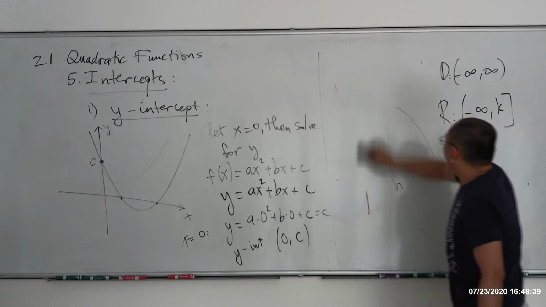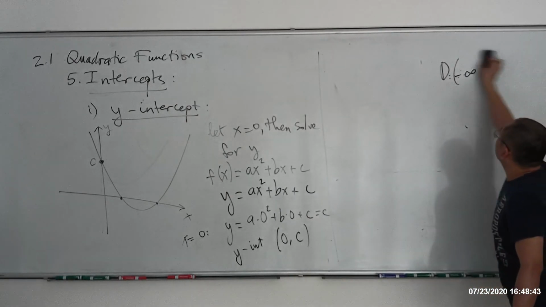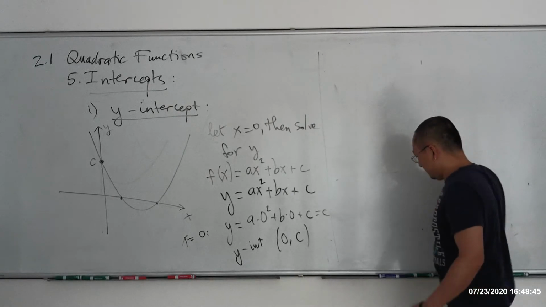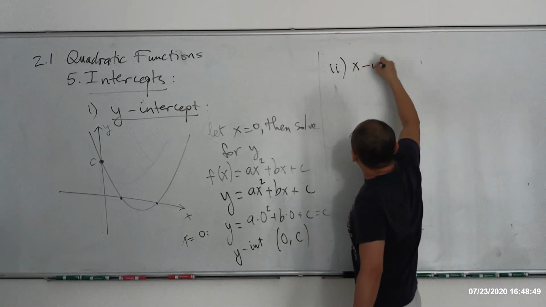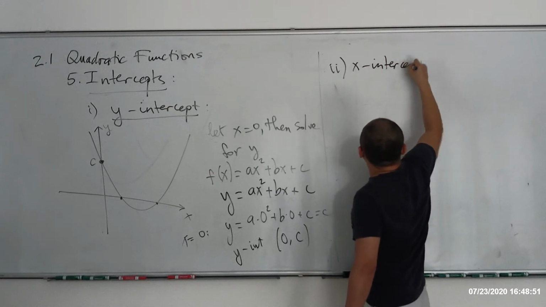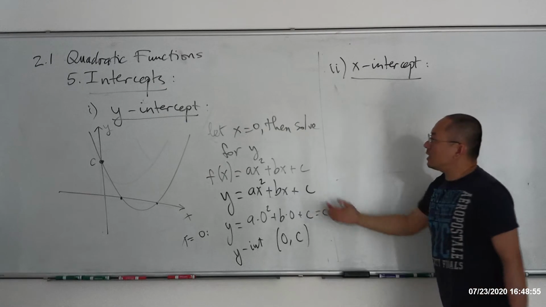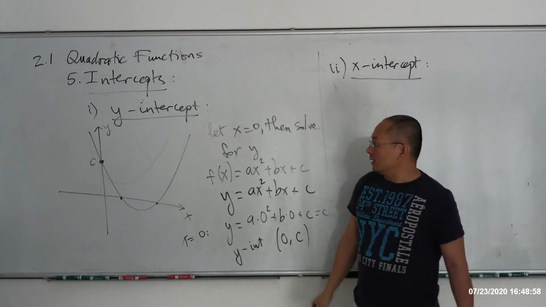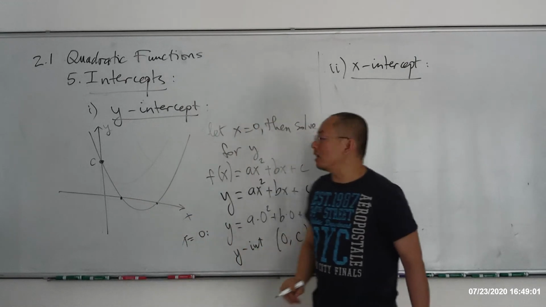Okay, now let's move on to the other type of intersection, the x-intercept. Second item, x-intercept. Very similar to finding the y-intercept. The x-intercept is on the x-axis, so the y-coordinate is going to be equal to 0, right?